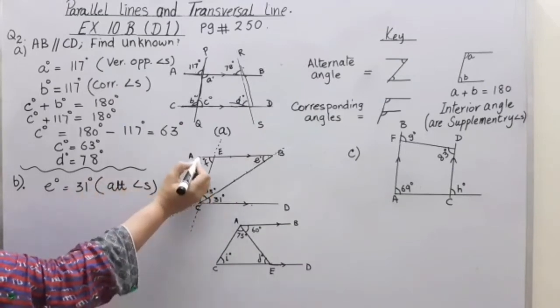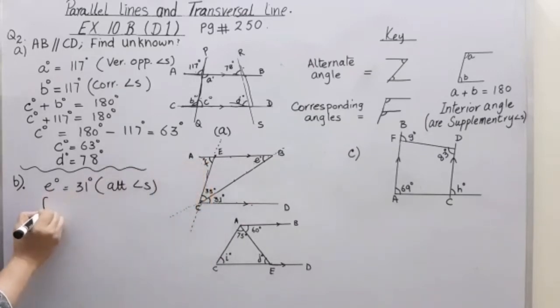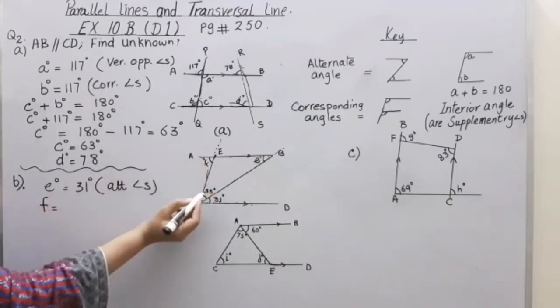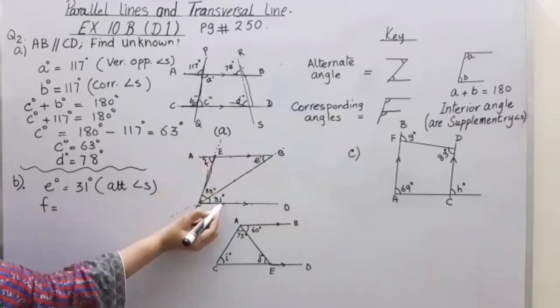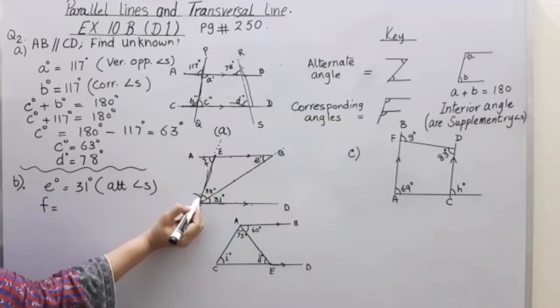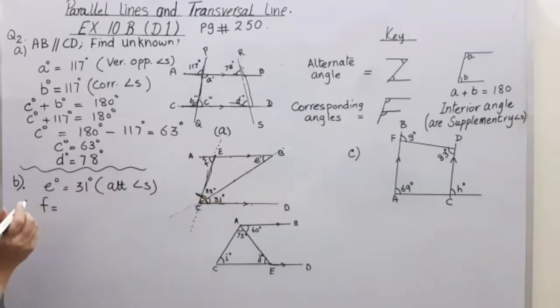And now this is also a Z. F is equal to, now you see from here to here one Z is made, it means this total angle is counted between these two angles. So we take both of them.